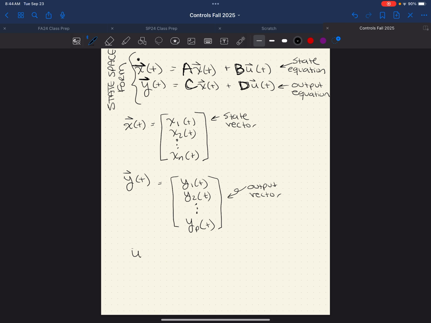Lastly, u of t is our input vector made up of input 1, input 2, down to input m.